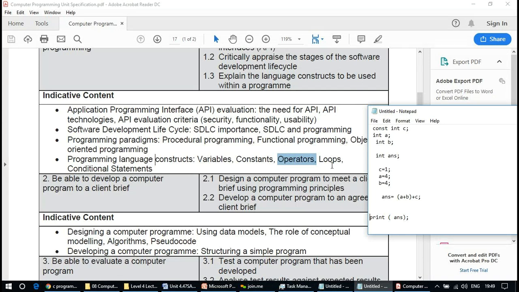And how much was the total answer? It was 2 plus 2, and the total answer was 5.